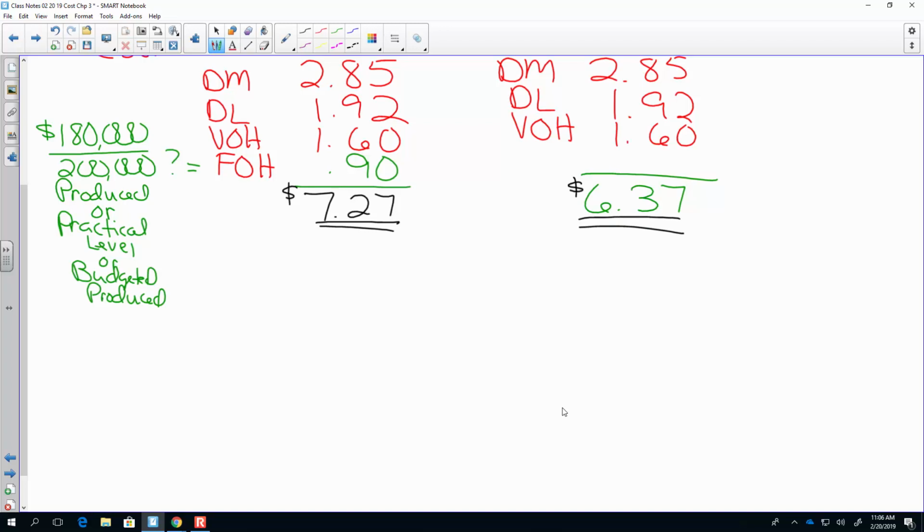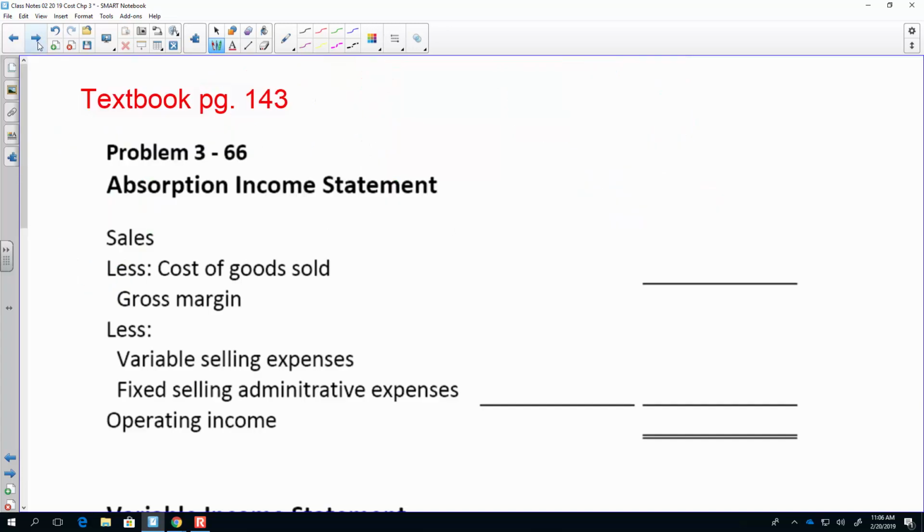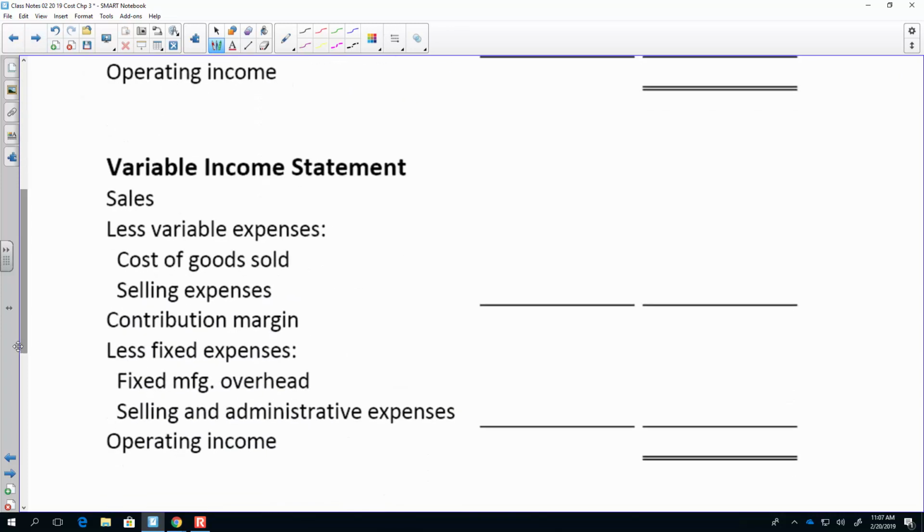Okay, let's look at our statements. Now that we have our inventory cost per unit, 7.27, 6.37, I'm going to put that right away on my statement. 7.27 for my absorption cost of goods sold per unit. $6.37 for my variable cost per unit under the variable costing method.